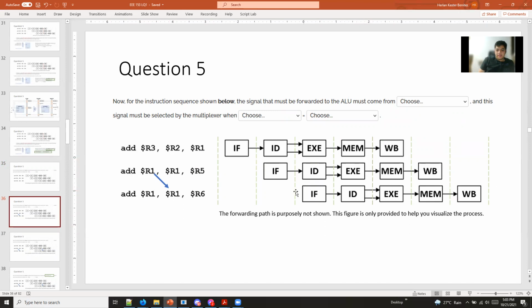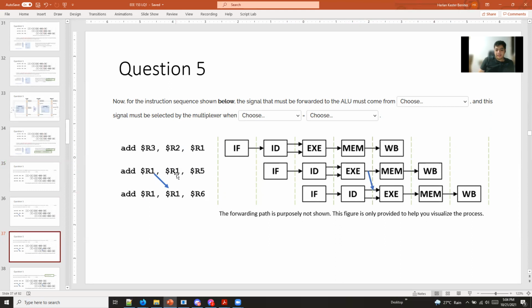We need to forward to the third instruction in execution the result of the previous one, which we get from here. Previously, since there was one instruction between them, the signal we took was from between mem and write back.